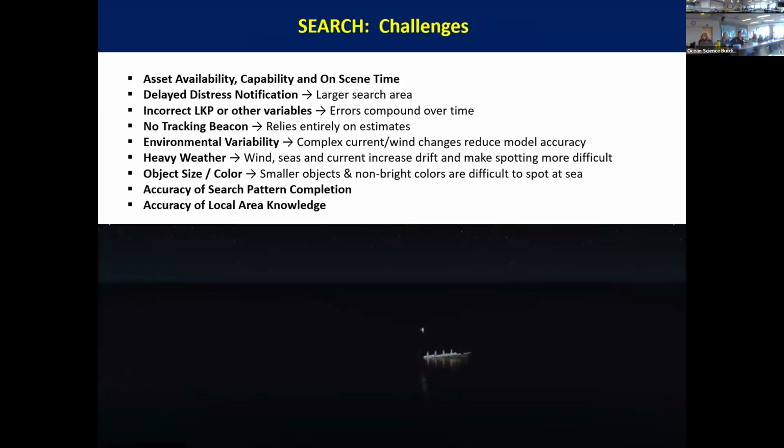So continuing on. So search challenges, a lot of this, how accurately do we know the area? Again, on-scene weather, if we have information about the area, knowing where those, say, fixed structures are. Fixed structures are infinitely easier for me to deal with than something that's tethered or not permanently mounted.